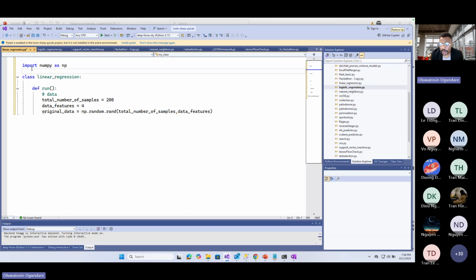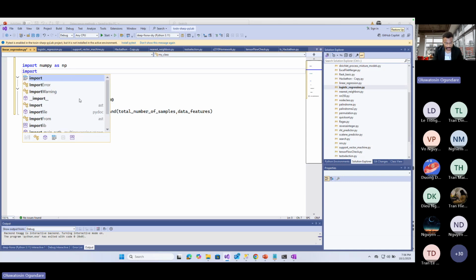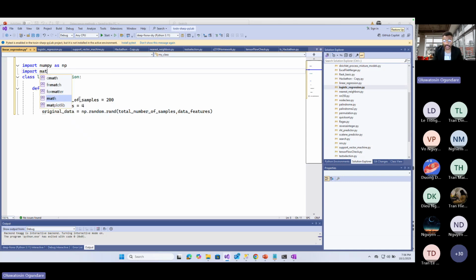Okay, so we would like to visualize this data set. To do that, we need to import matplotlib, right? Matplotlib as plot. So that's that. So what we can do here is visualize a scatter plot of this.